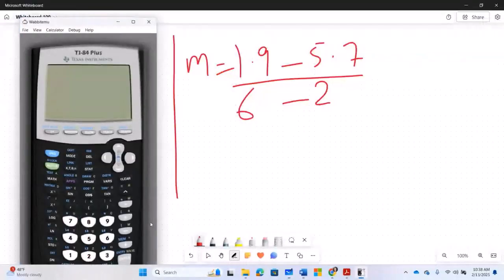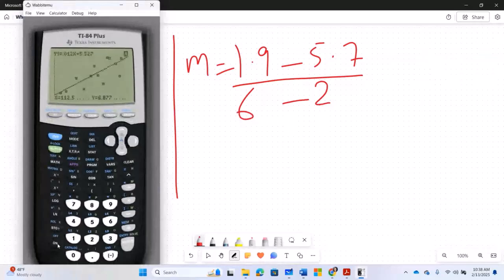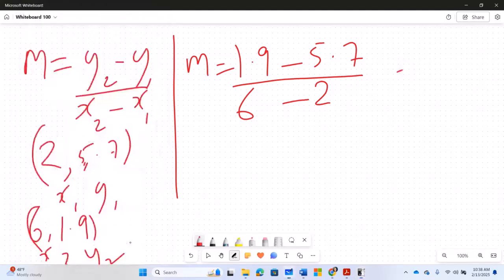I already know that 5.7 is greater, and I'm subtracting, so the numerator is going to be negative. 1.9 minus 5.7 gives me negative 3.8 right here.